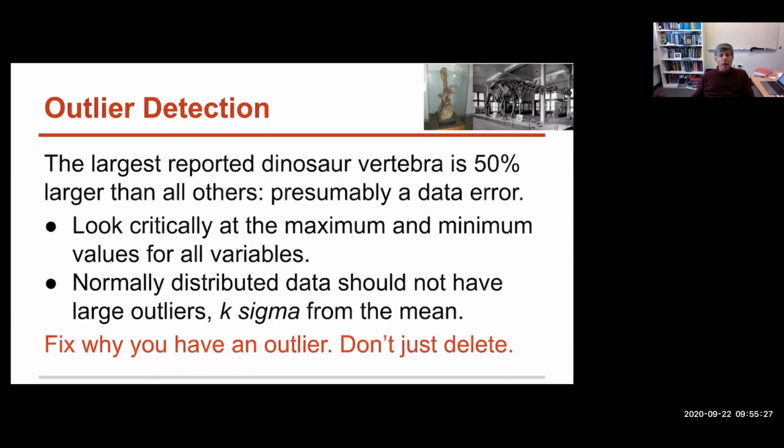Quite often when you have something that is much bigger or much smaller than anything else in the column, it reflects some kind of reporting error or measurement error. And this is an encouragement that when you are doing these things, you need to look for outliers.